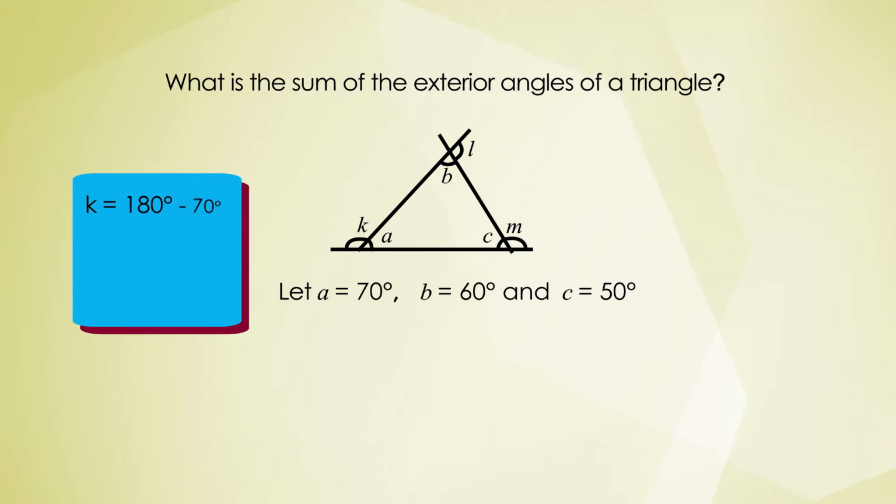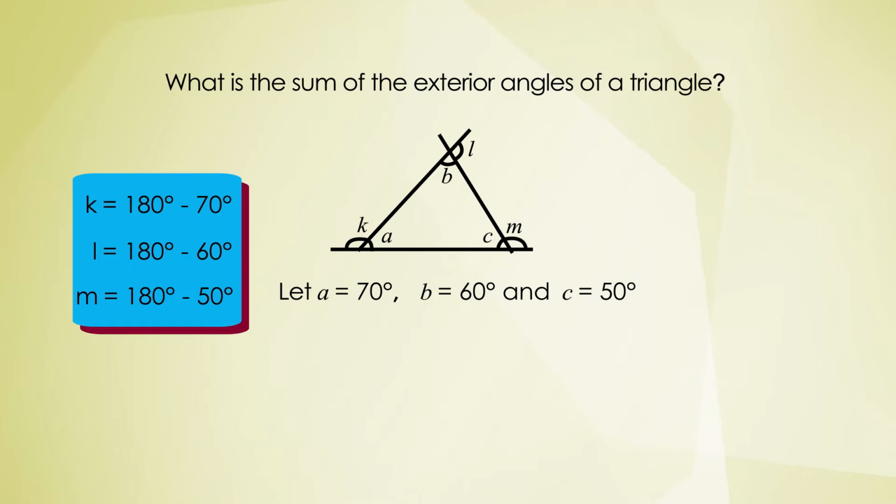Angle K is 180 degrees minus 70 degrees. L is 180 degrees minus 60 degrees. And M is 180 degrees minus 50 degrees.